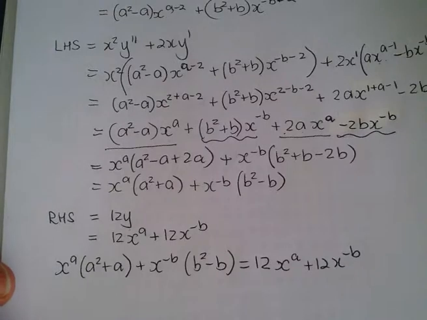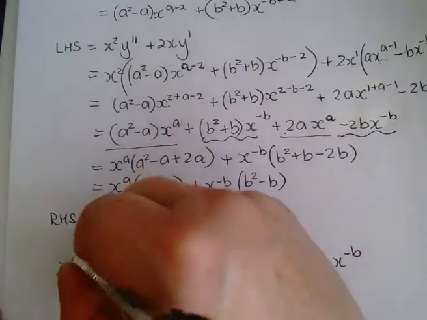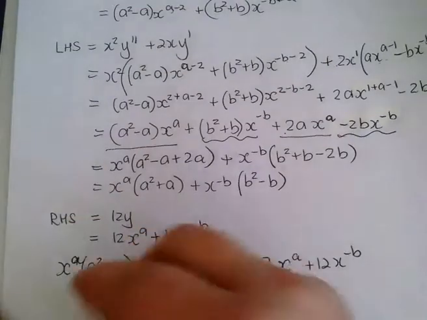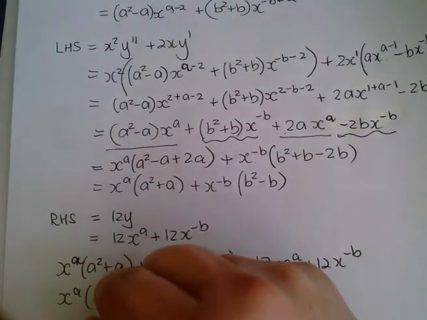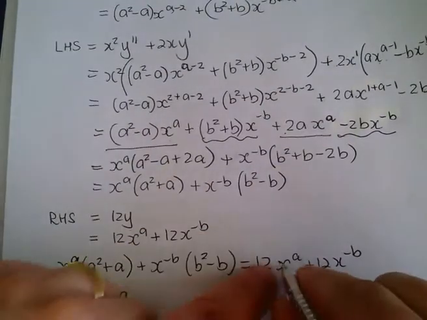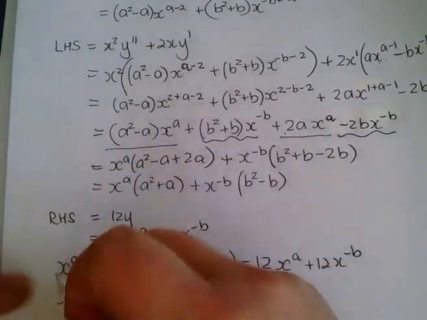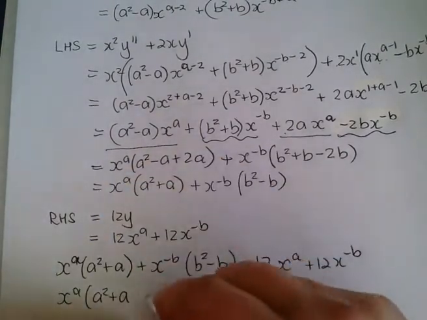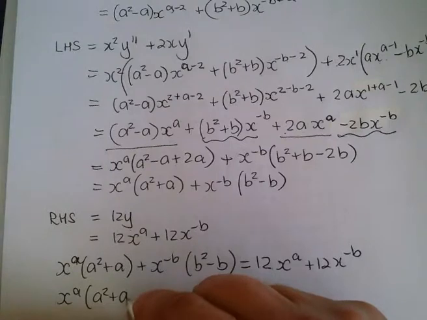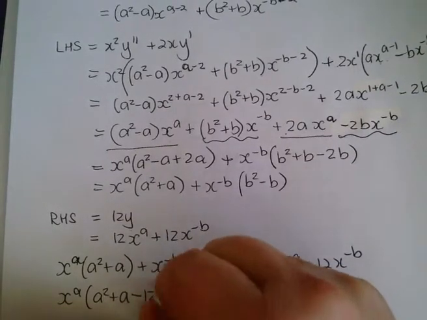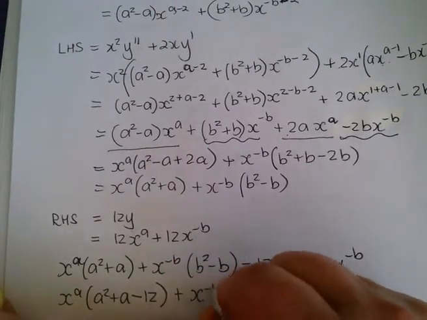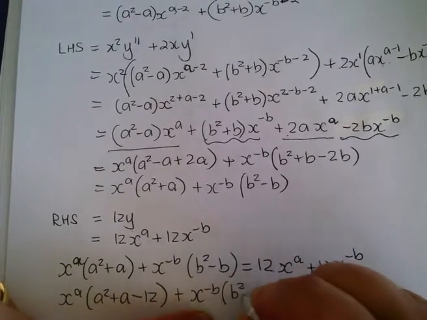What are you going to do now? Oh, this is fun. You're going to have two quadratics that you have to solve, both of them. So let's take the x to the a over. So I've got x to the a, bracket, a squared plus a. What's this going to be when I take the x to the a over? Isn't it a common term? Do you know what I'm doing? Minus 12 in brackets, plus x to the negative b, squared minus b.